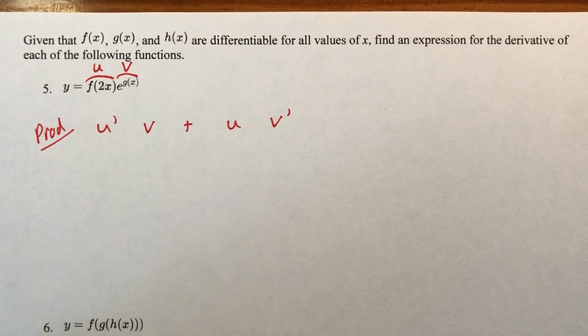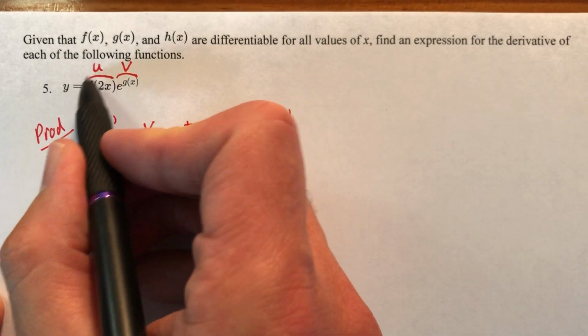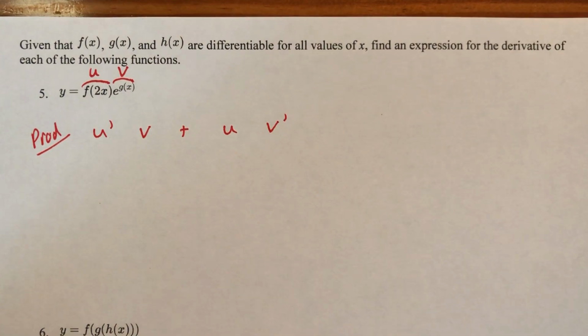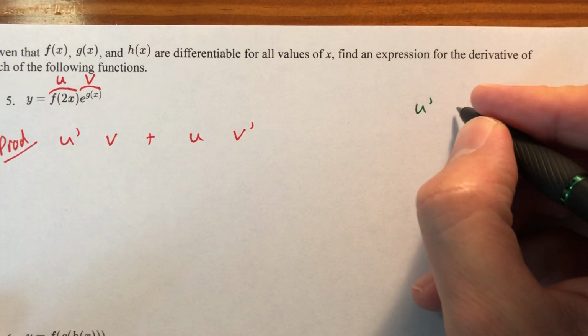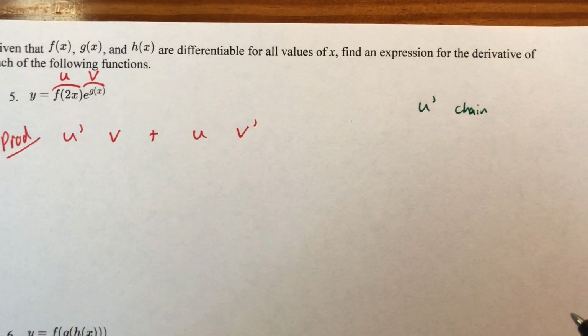So what I am going to do is go ahead and figure out everything I possibly can, and let's just go ahead and start writing some stuff. I'll write the answer in purple and then fill in some gaps around it. So u prime, oh, that's going to involve the derivative of this, and so u prime is, let's switch colors again. I need u prime, and in order to do that, that's going to be a chain rule issue. And so I'm going to do a little bit in my head.